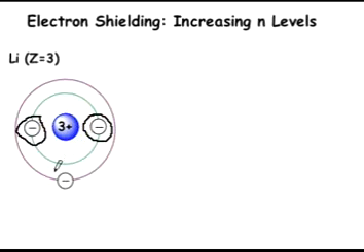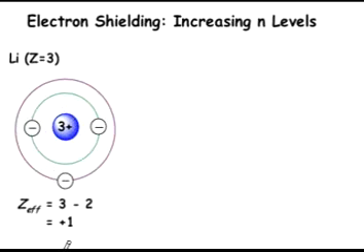On the other hand, this electron is further away from the nucleus, and there are 2 electrons shielding the nucleus from this electron in the outermost shell, which we call the valence electron. It feels a weaker pull of the nucleus because these electrons shield the positive charge.